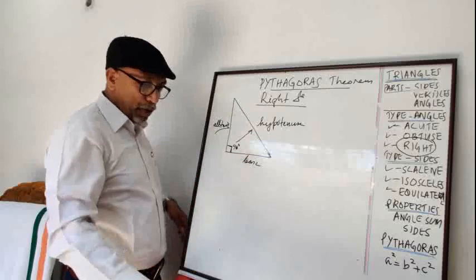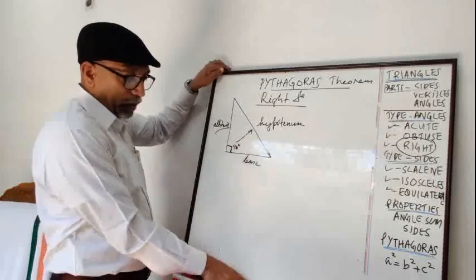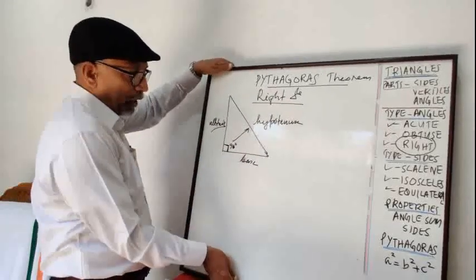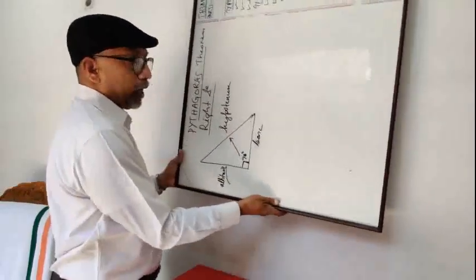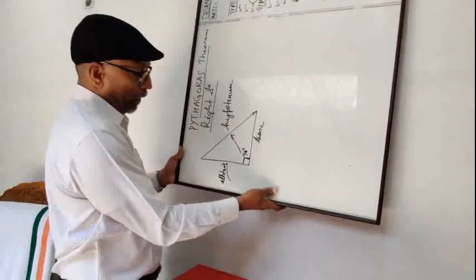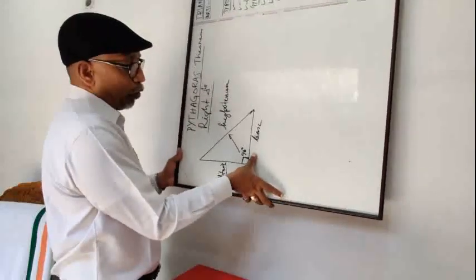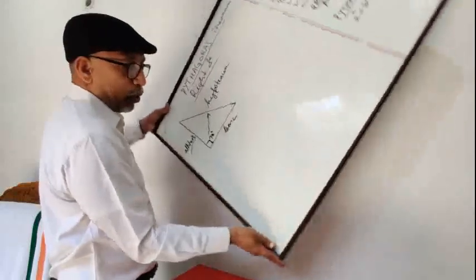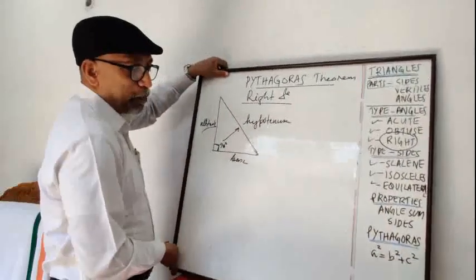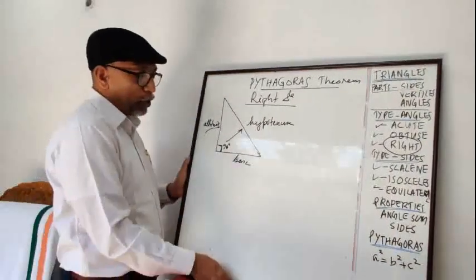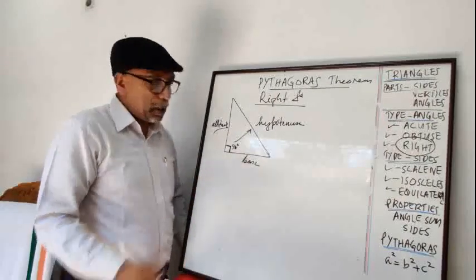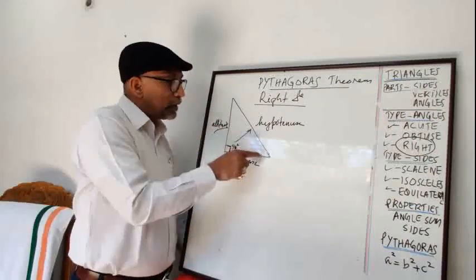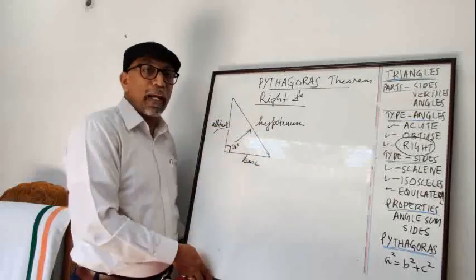If I turn the board, see what happens. This is not the altitude; this is the altitude and this is the base. So it is not always possible to name these two sides with base and altitude. They may change, but the hypotenuse cannot be changed at any cost.